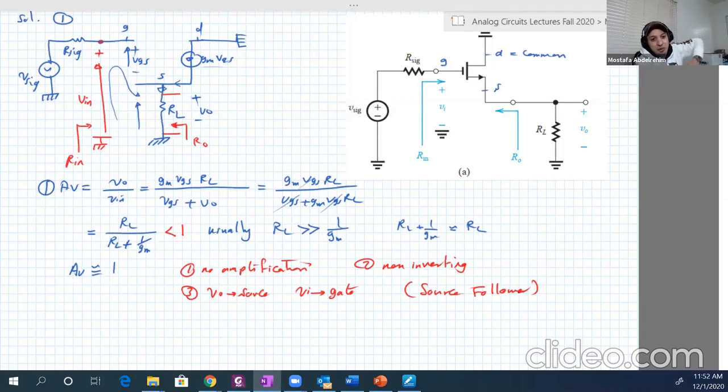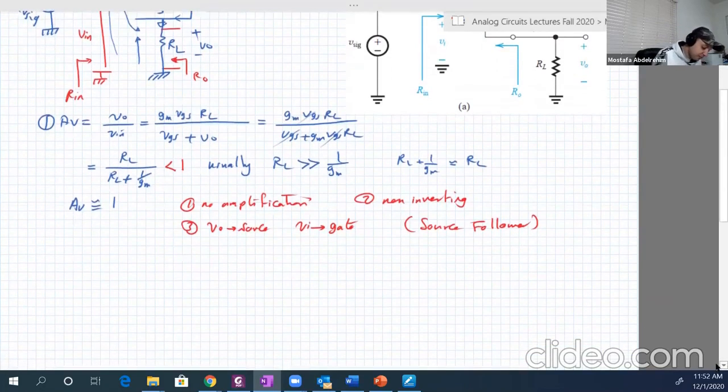Here it is exactly the same, and we will see in a moment it has the same characteristics as well. By the way, the voltage gain now is approximately 1, and the common collector also has approximately 1 for the voltage gain. So let's go to the input resistance now.